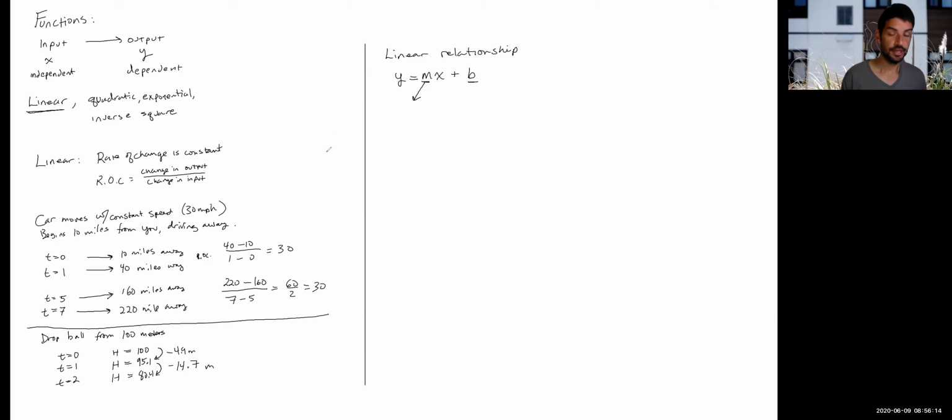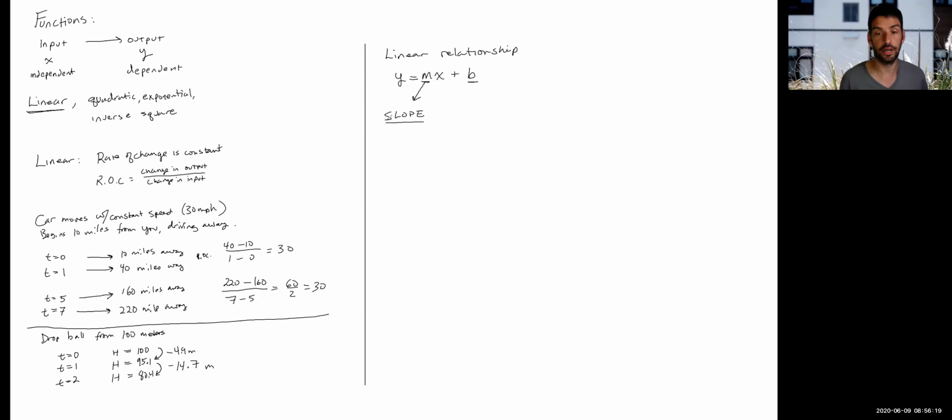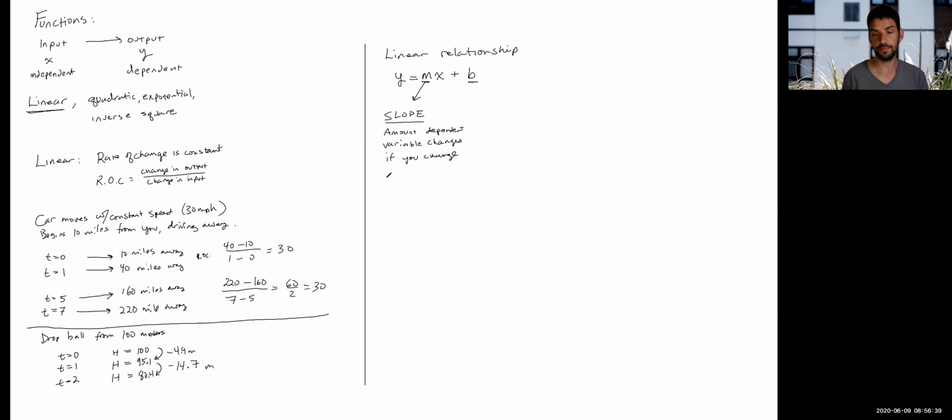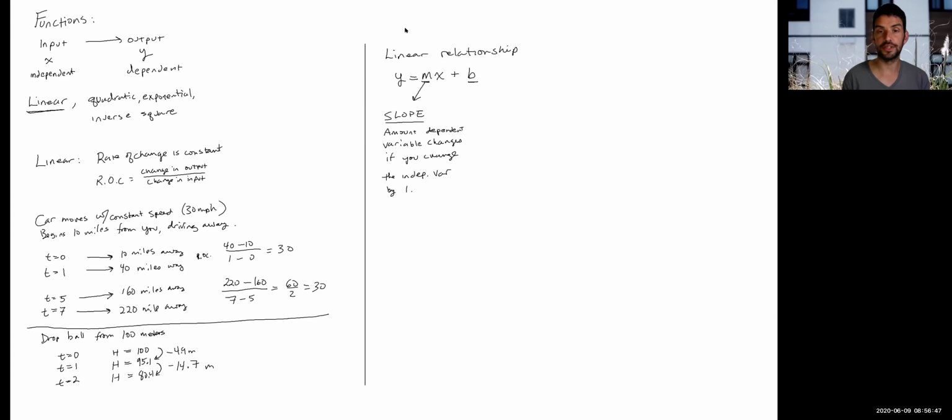M is what we call the slope, right? And this is the amount the dependent variable changes if you change the independent variable by 1. And more specifically, we should say if we increase.